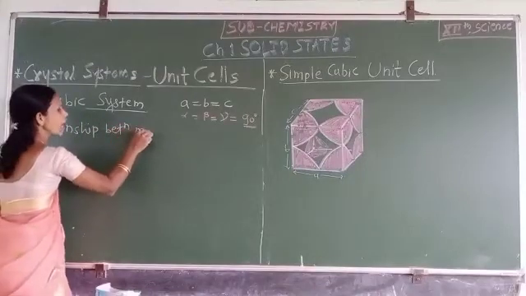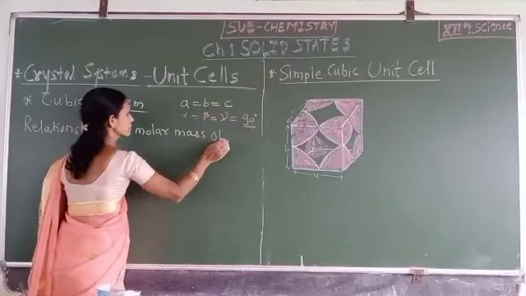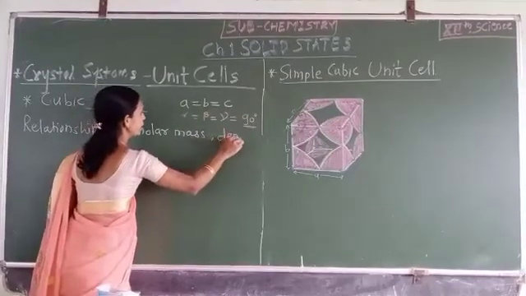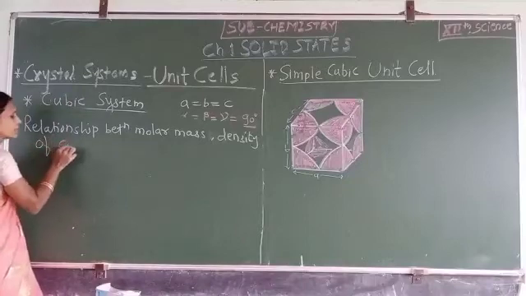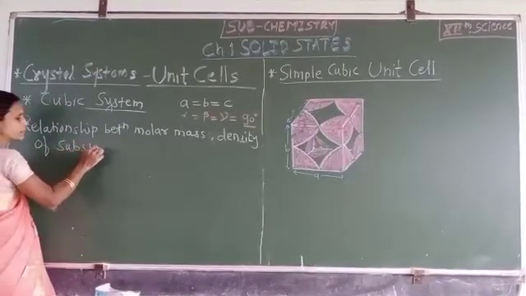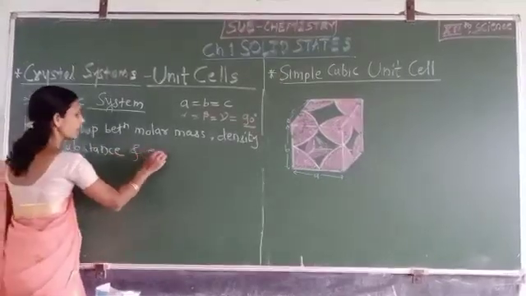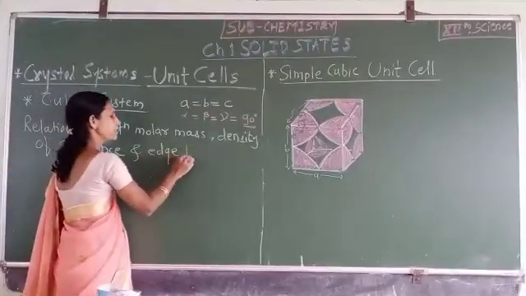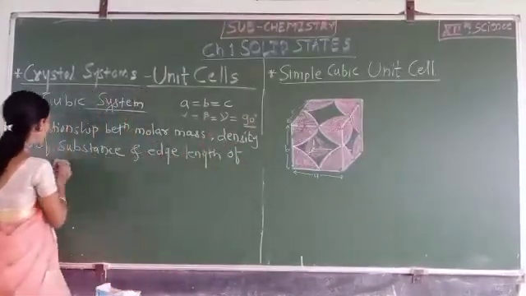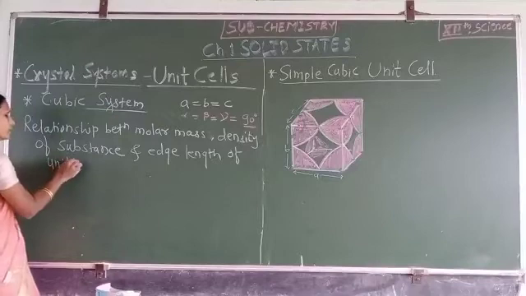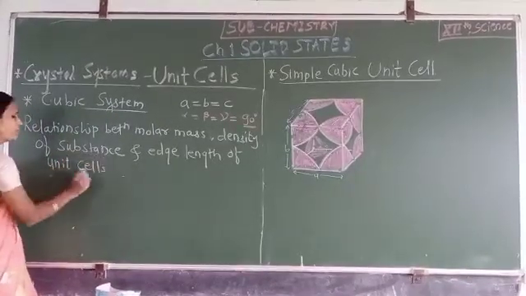between molar mass, density of a crystalline substance, and edge length of the unit cell of which that substance is made up.